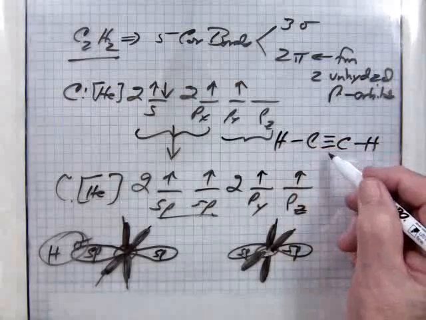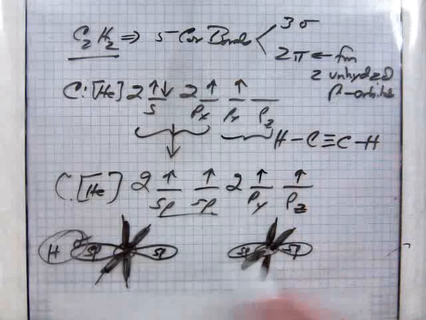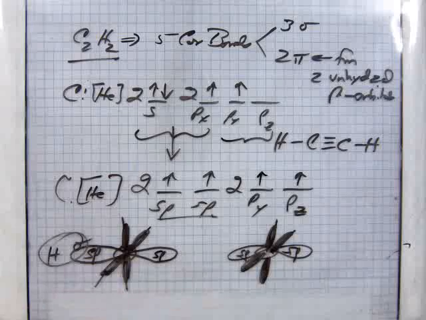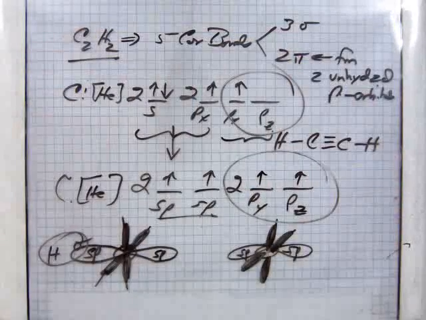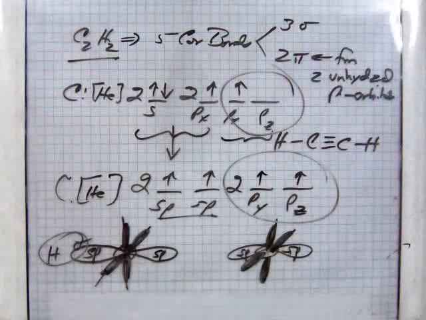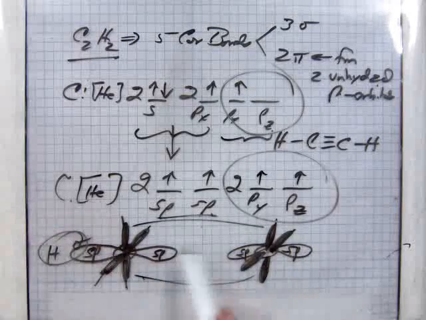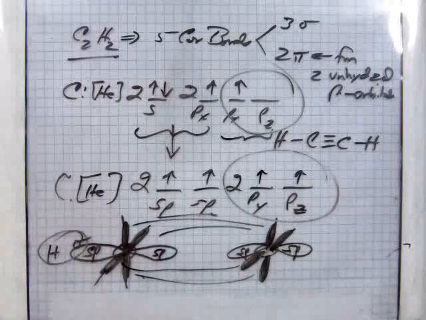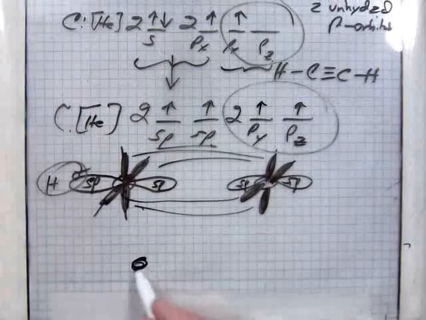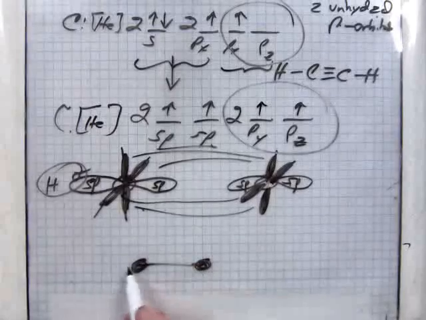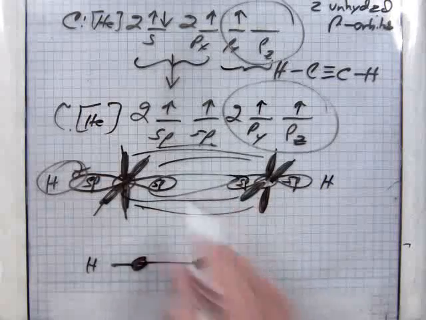If you have 2 pi bonds, you have to have 2 different centers, each one containing 2 unhybridized p orbitals. Then you have an overlap above and below in the vertical, and then behind and in the front. And so when this is all said and done, hydrogen overlaps, the sps overlap.